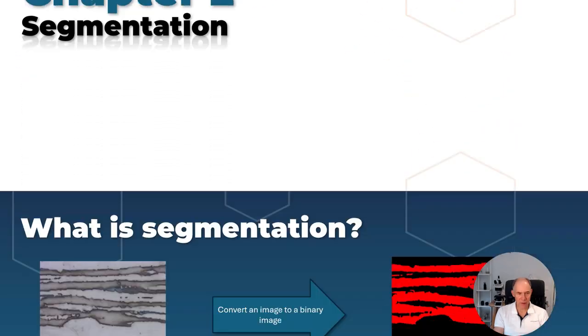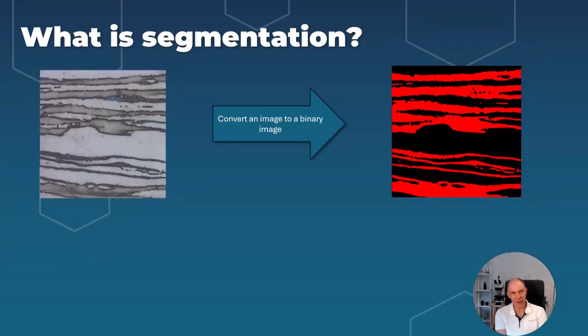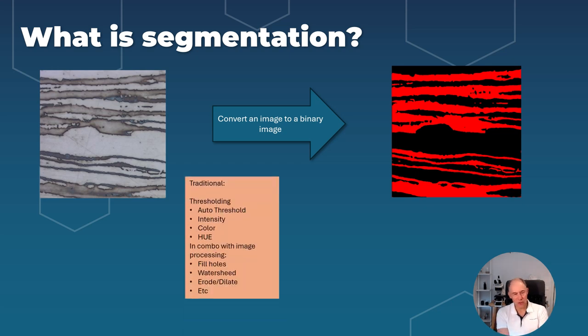So let's dive a little bit deeper into segmentation. What is it? Well, it is basically transforming one image into a binary image. And in image analysis, we've been doing this for ages. But the traditional way of doing this is by the means of using thresholding, at least as a starting point.